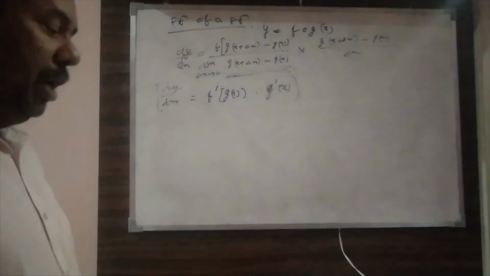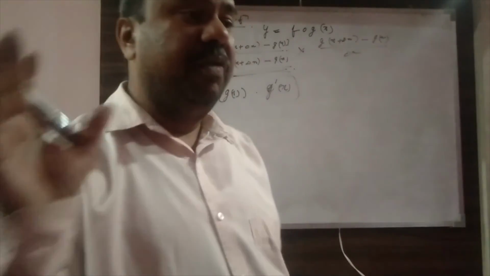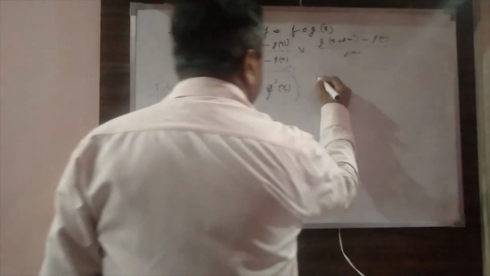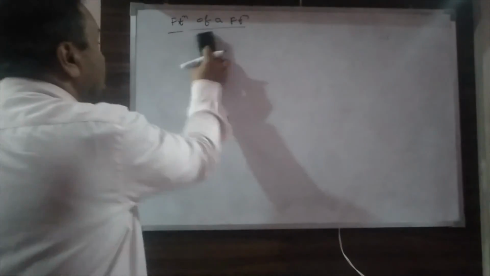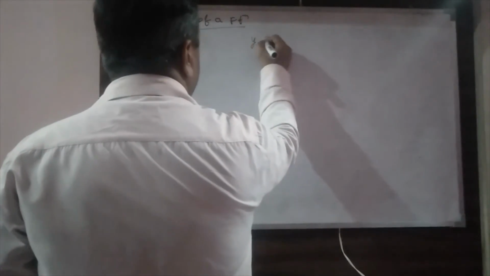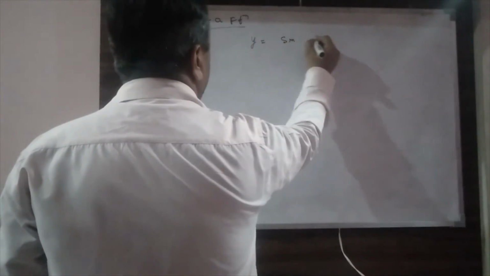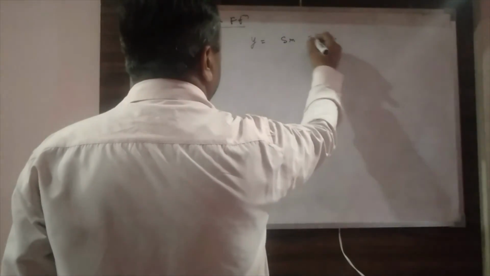So in any case, if you are getting a function of a function, as I have taken you through, I will explain this with the help of an example also, so that it can be easily understood. Now just take an example that y is equal to sine of 3x plus 2.